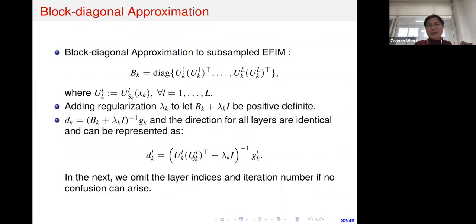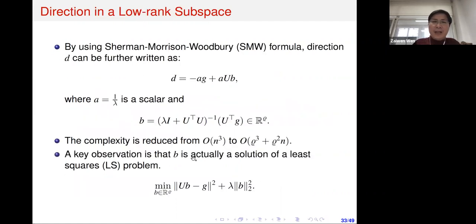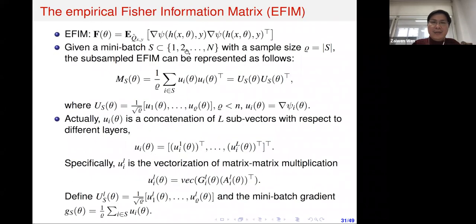So if this matrix is low rank, then once again we can use the SMW formula. The direction d can be written in this form. G is the subsampled gradient, and capital U is a collection of gradients.